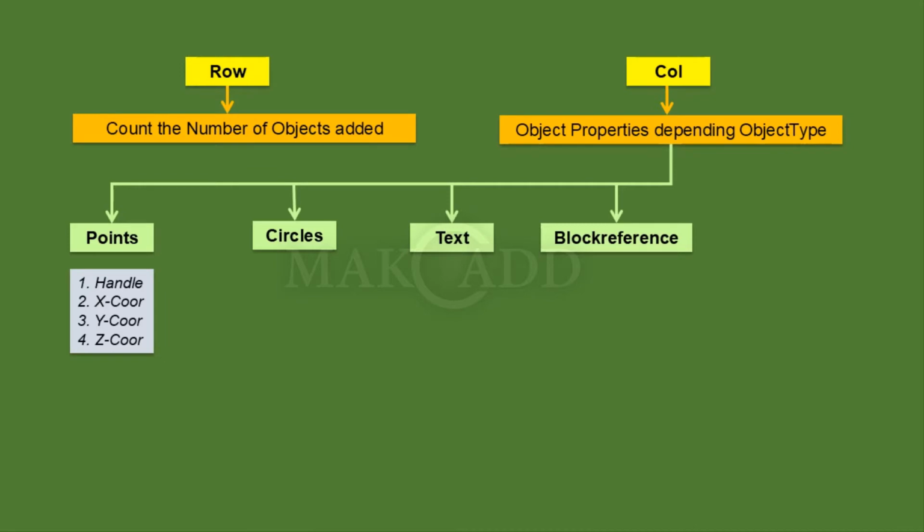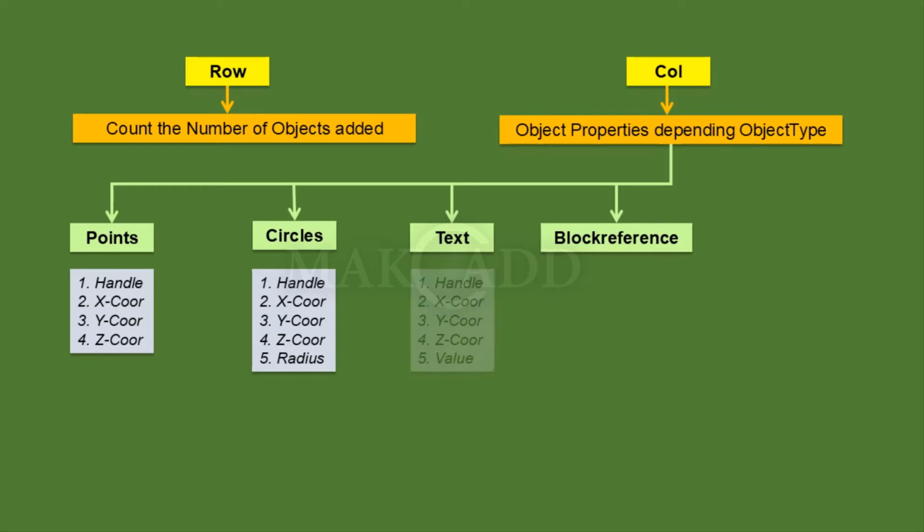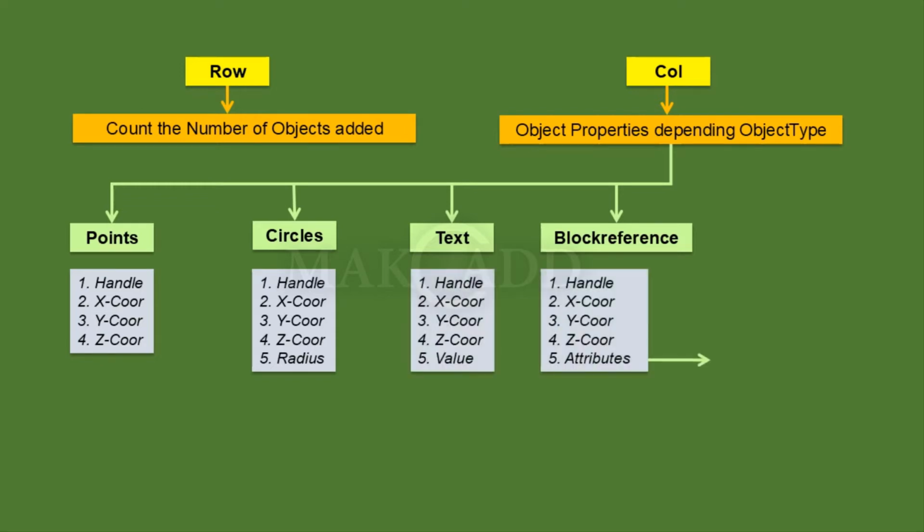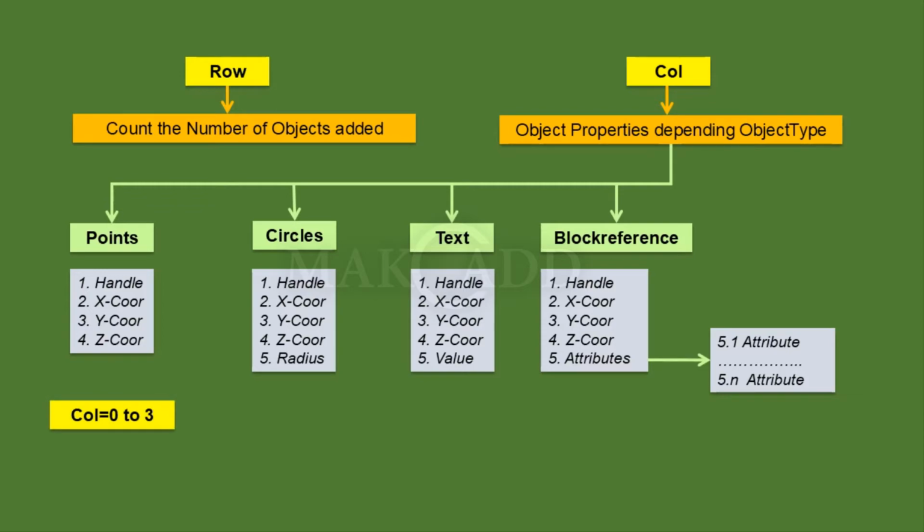For circles, we have properties XYZ coordinates and radius. If it is text, we have its value, and if it is a block and the block has attributes, then we have to add more, depending on how many attributes we have to extract. The column size will vary according to the object type.